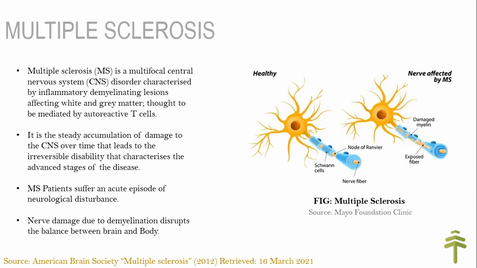Also due to this demyelination, the balance between the brain and the body, that is the normal rhythm, gets disrupted. Till now multiple sclerosis has been regarded as a white matter disease, but in the last 5 years, extensive research shows that not only white matter, but multiple sclerosis also affects the gray matter. Still, the underlying causes of it have yet to be unfolded.